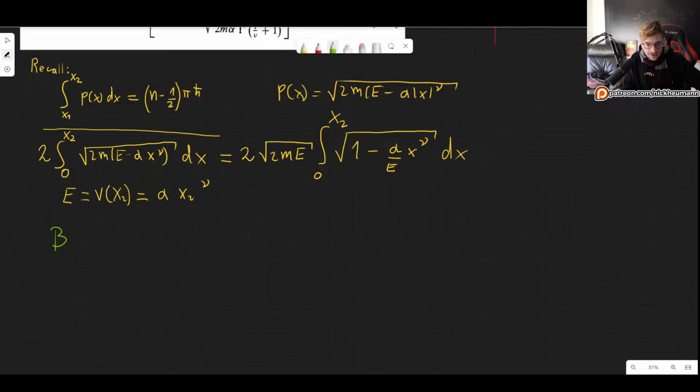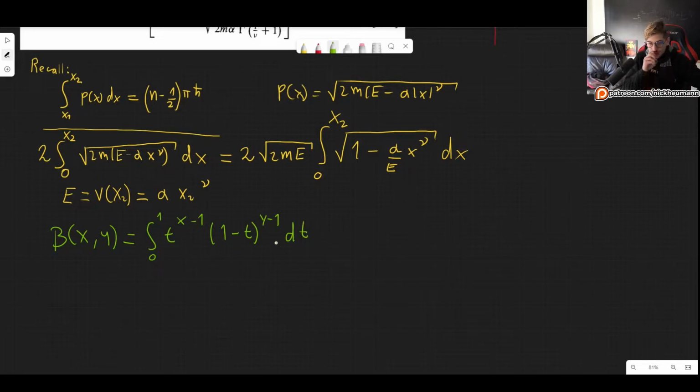So the beta function, which will help us solve this, is a well-studied function, which is of the form integral from 0 to 1. I'm going to use other names for the variables, just to have this in general. So this is t to the x minus 1 power, 1 minus t to the y minus 1 power, dt.